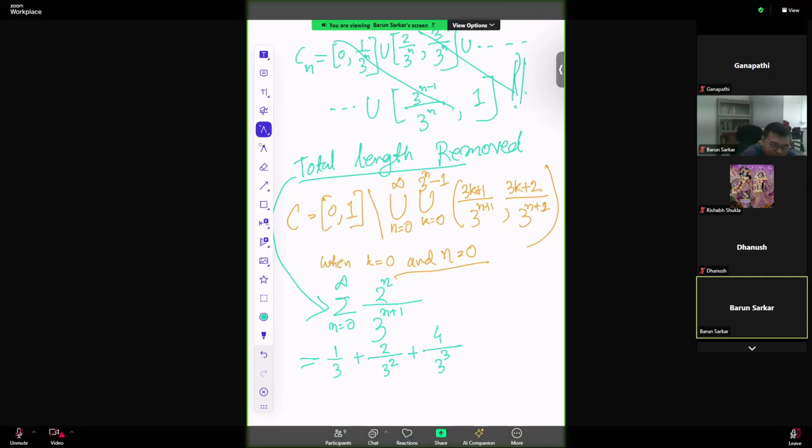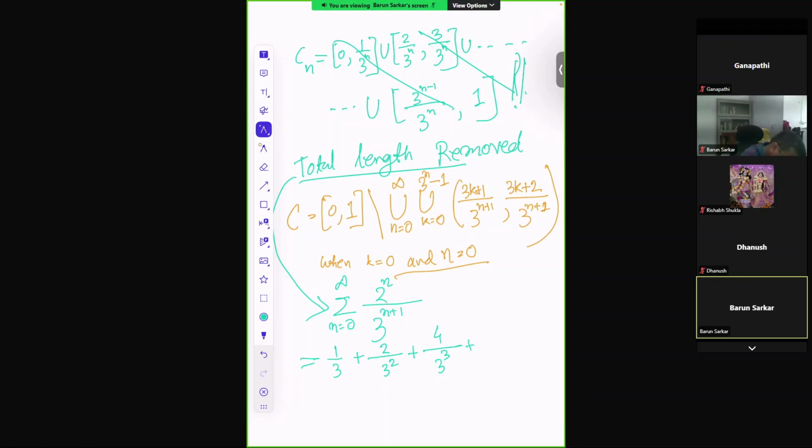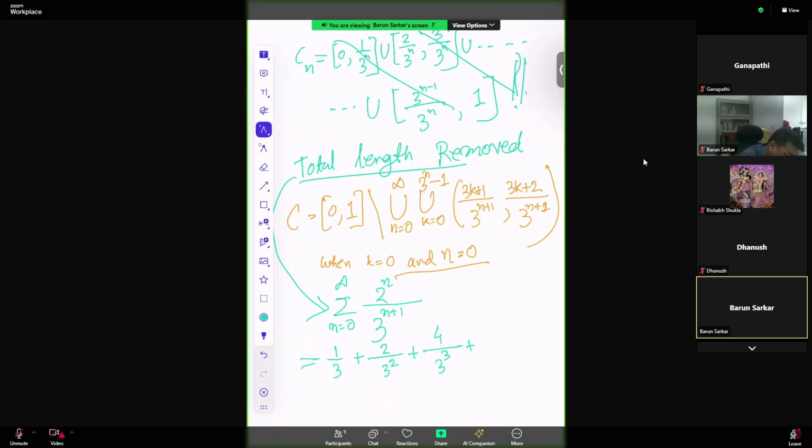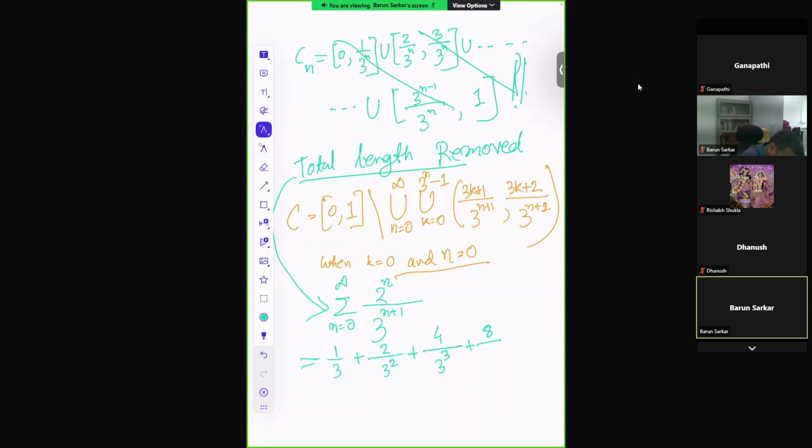Plus, for n equal to 3, that is 8 by 3 to the power 4, or I can say something like 2 squared. Similarly, this is 2 cubed plus whatever.